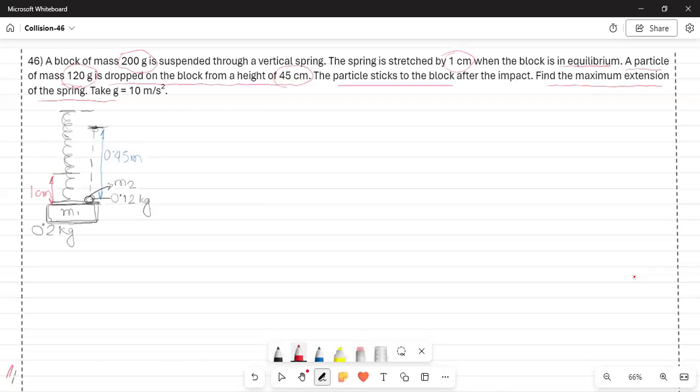Now, what will happen actually? When this particle drops from a height of 0.45 meter and sticks to it, obviously, due to the kinetic energy of the body, the spring will extend further down.